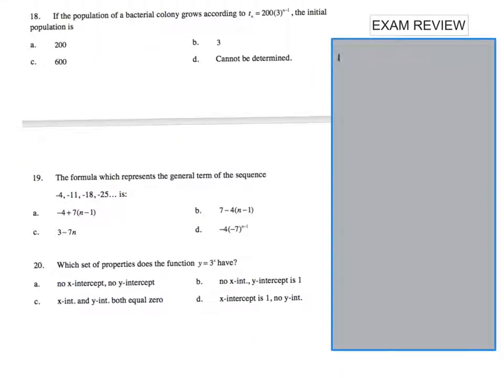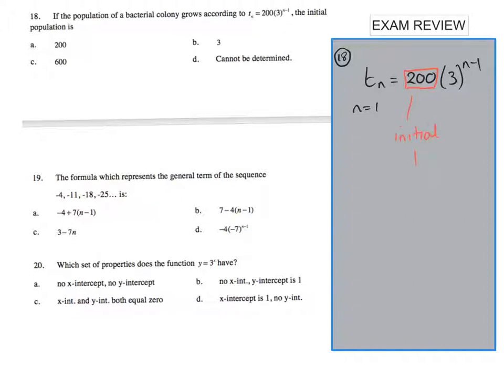Question 18, and it gives you this colony explosion, and it tells you that it's a geometric expression, and the initial population is when n equals, well, n equals 1 really. But if you know geometric sequences, this number here is always going to be the initial starting point.